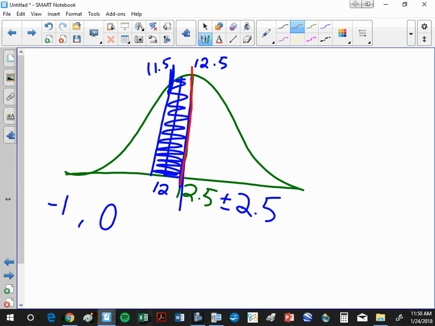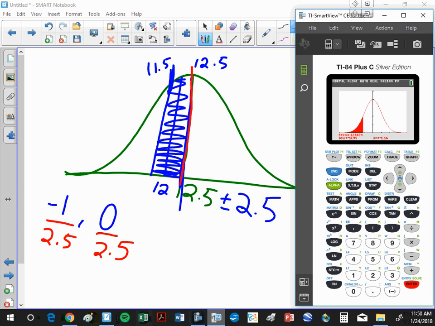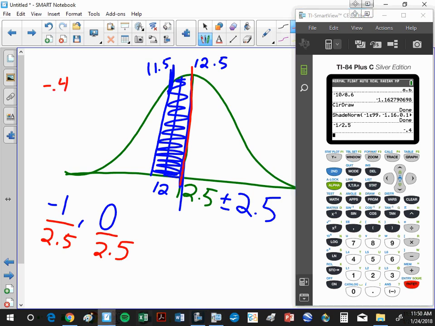So to find my z-score, I divide them by 2.5, the SE. So -1 divided by 2.5 is -0.4. So I want to shade norm from -0.4 to 0.